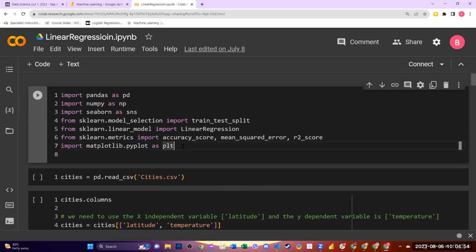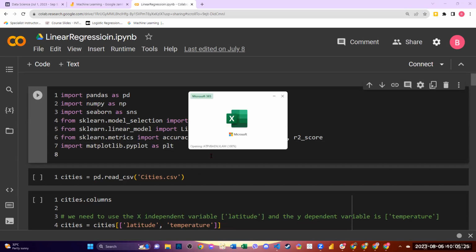Does any one of you have experience already with linear regression? Is this the first time? Press 1 if this is the first time. Okay, good. So if this is the first time, let's start with Excel first.